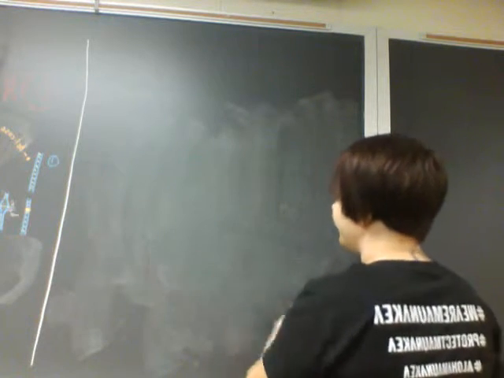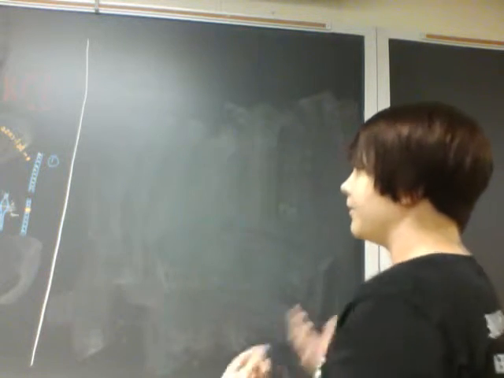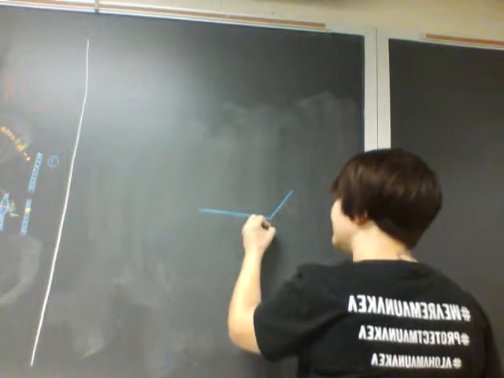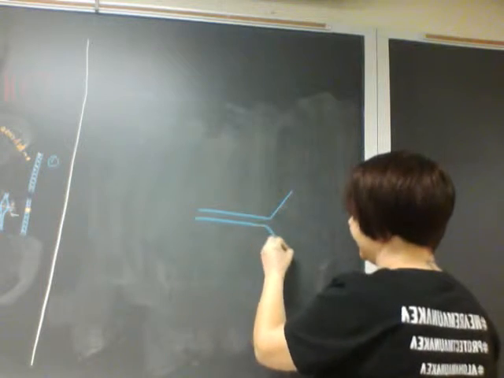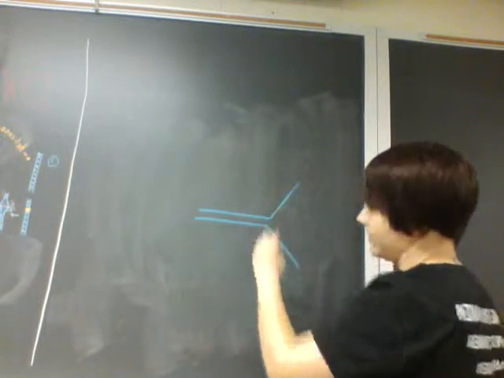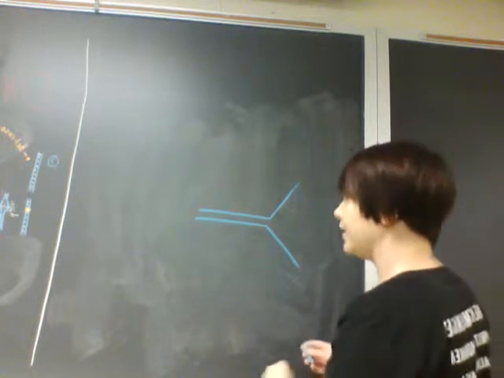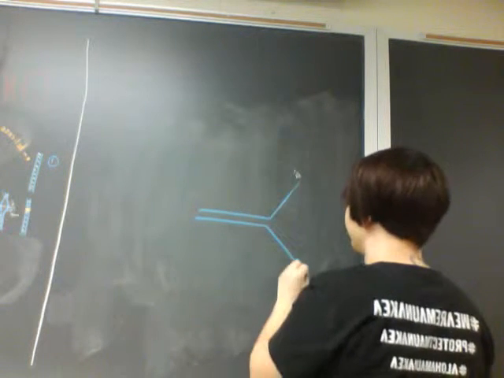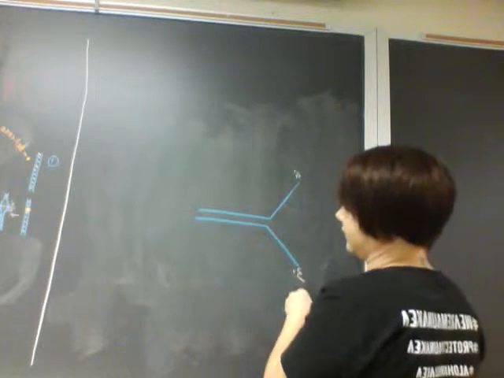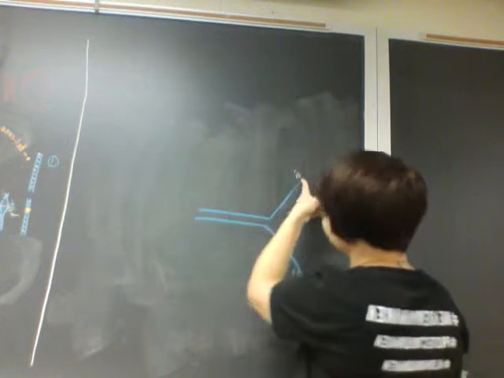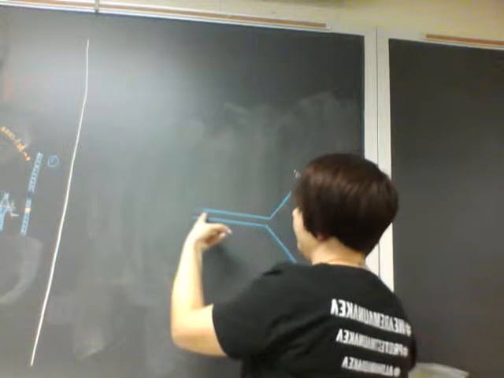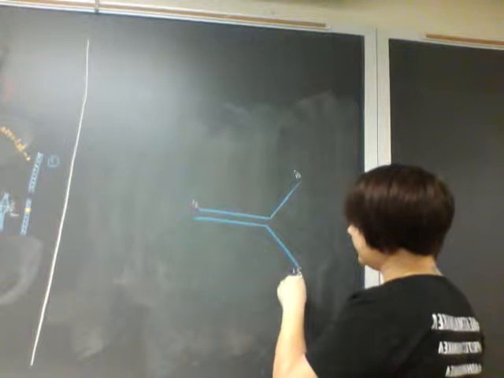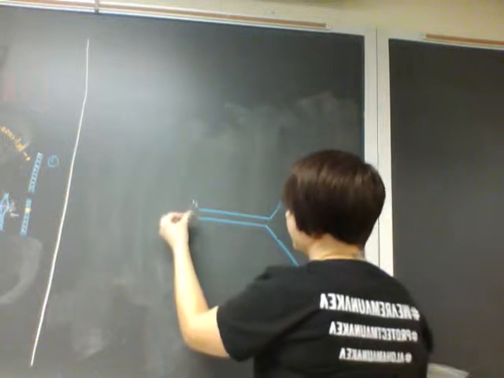Now, after the helicase comes in, we have to figure out which side is the leading strand and the lagging strand. And this is where the importance of the 5' to 3' comes in. So, say we have 5' up here, 3' up here, or down here. And since this end is 5' and we go all the way down, this side would be a 3'. Same thing right here. If this is a 3', this will be a 5'.